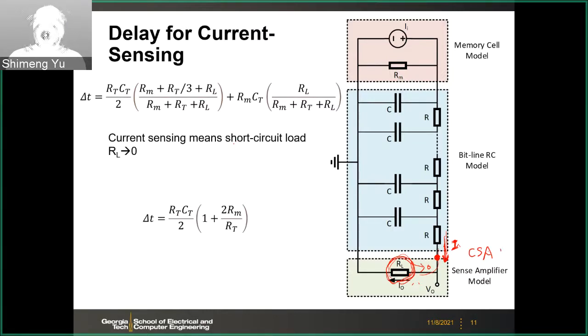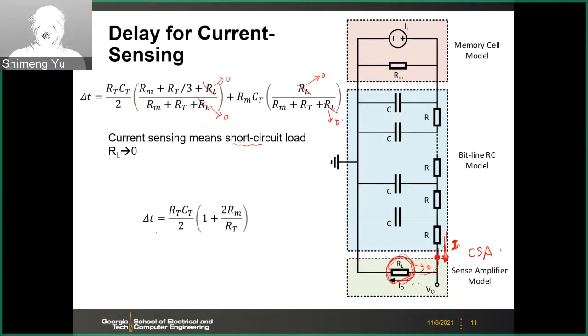This means short circuit as a node. If RL goes to 0, you can do the derivation by yourself. You get rid of those terms and then you rearrange.